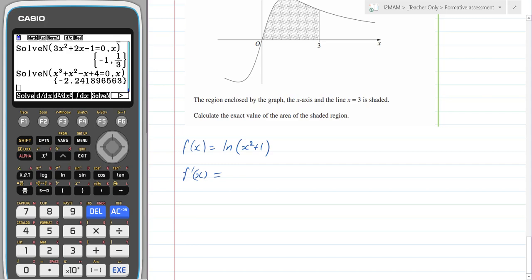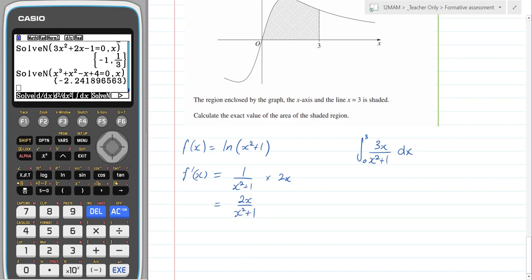That gives me 1 over x squared plus 1 times 2x, which equals 2x over x squared plus 1. But I'm actually being asked to integrate 3x over x squared plus 1 dx between the boundaries of 3 and 0. How much bigger is 3x than 2x?